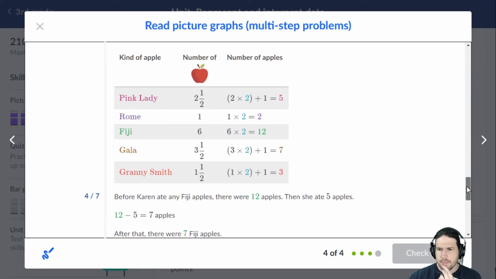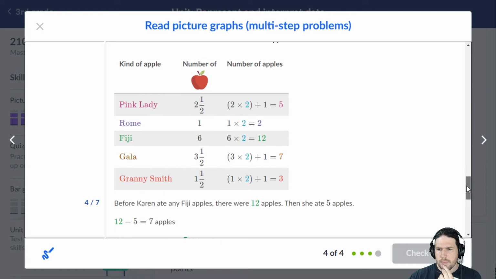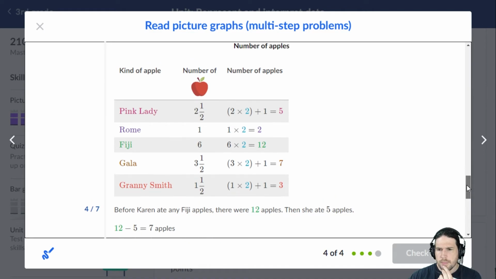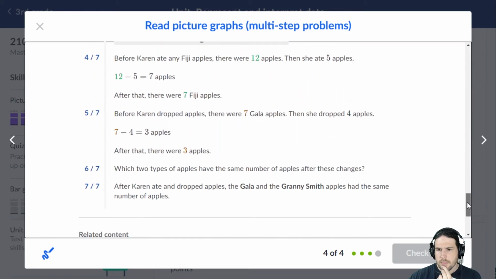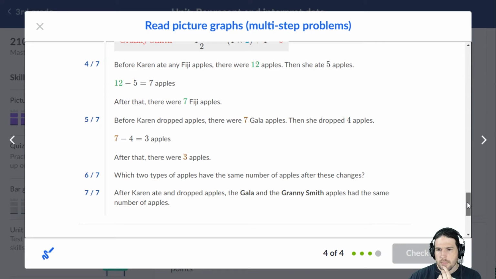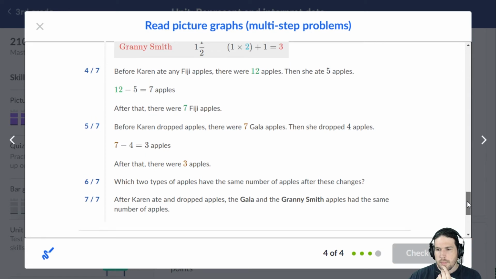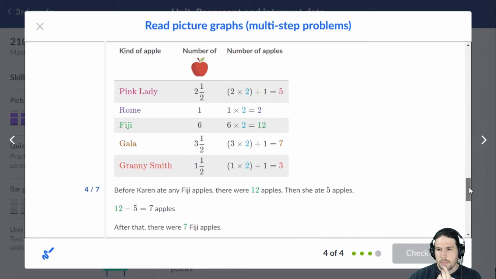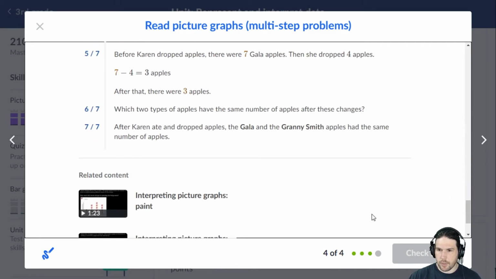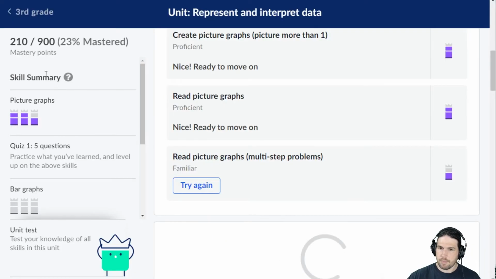I guess I didn't. Yep, I stand corrected. Gala and Granny Smith. These things happen.